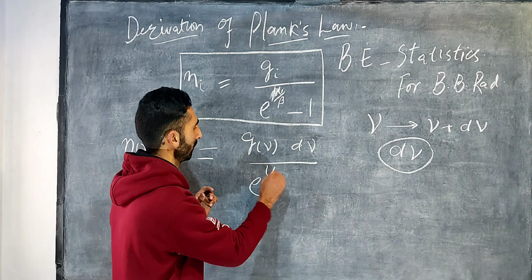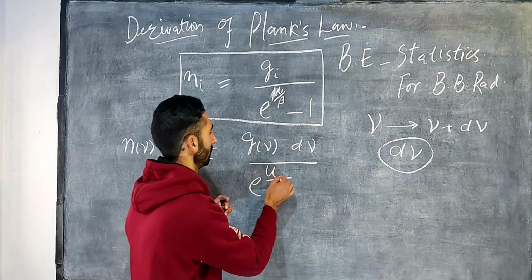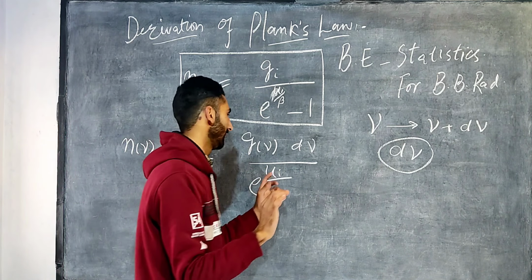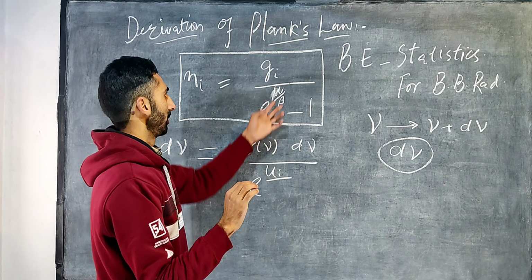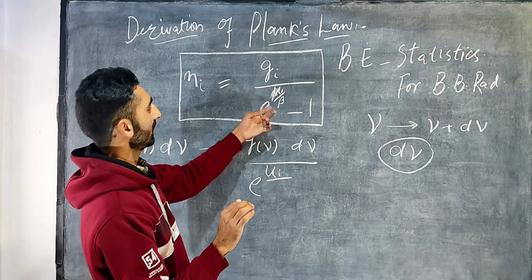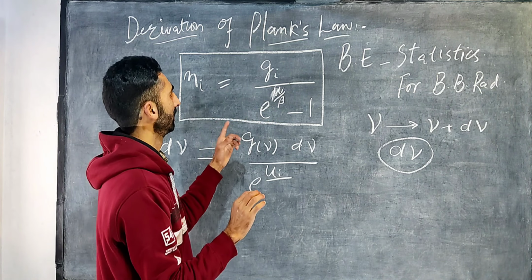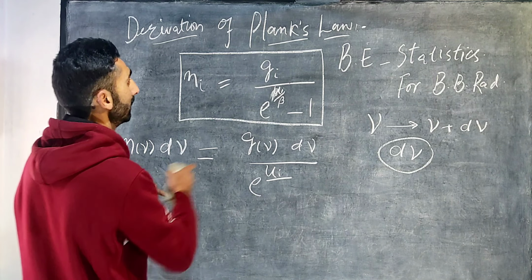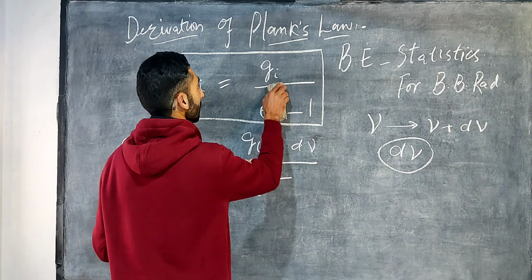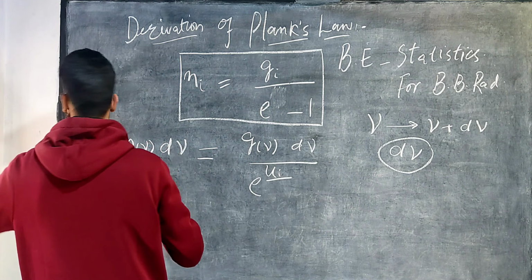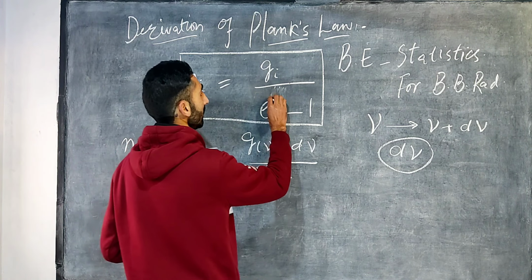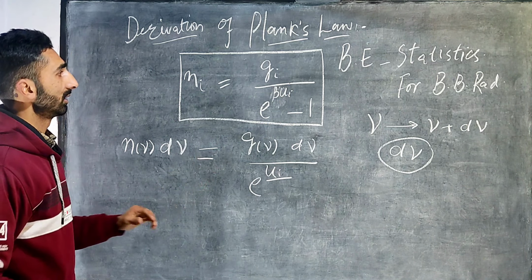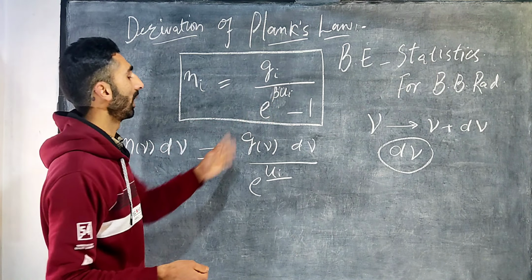We can still represent it by i, which represents the specific energy state, e to the power beta ui. This is not divided by beta, it is beta ui. Sorry for that, you can check the earlier lecture also, it's beta ui.